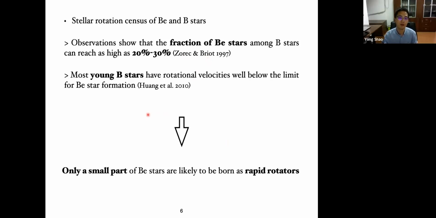However, according to stellar rotation surveys of B stars, it is found that most young B stars have rotational velocities well below the limit for Be star formation. So it was concluded that only a small fraction of Be stars are likely to be born as rapid rotators.